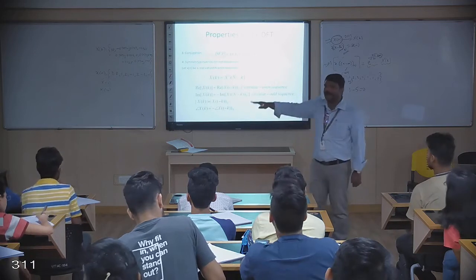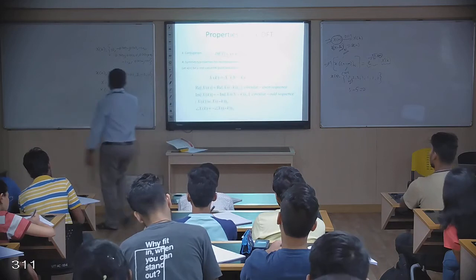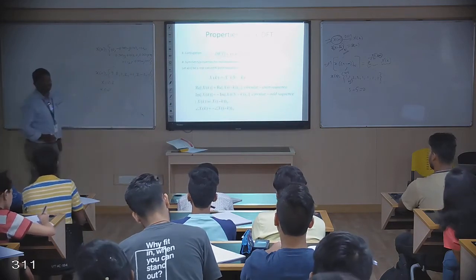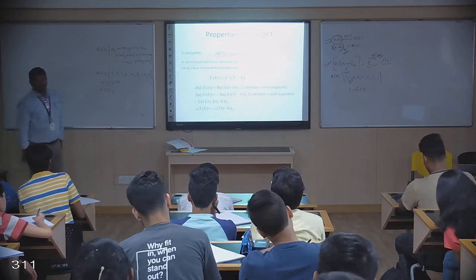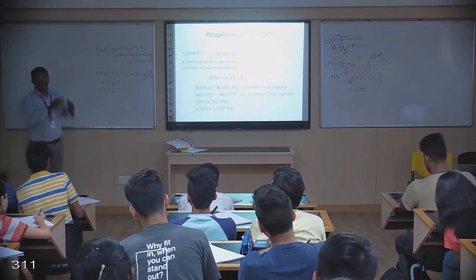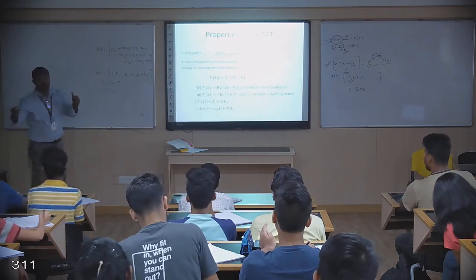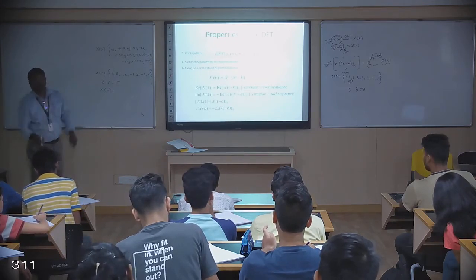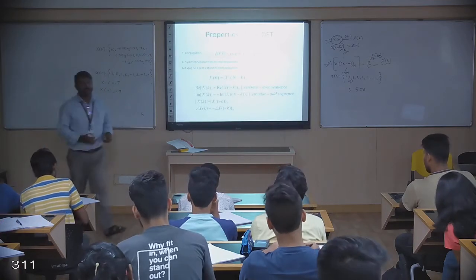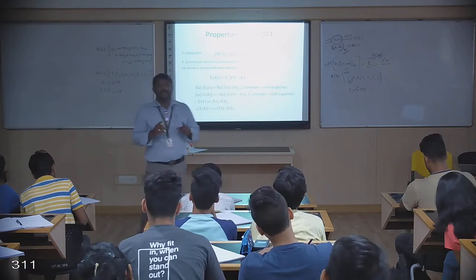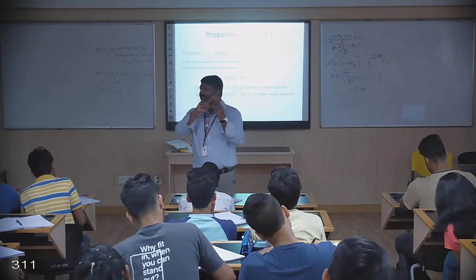Just add all the given inputs. So it is 7. What about X of 4? Add all the even indexed values, then add all the odd indexed values, take the difference. Even minus odd, minus 7. So for an 8-point DFT, we have found out X of 0, X of 4.